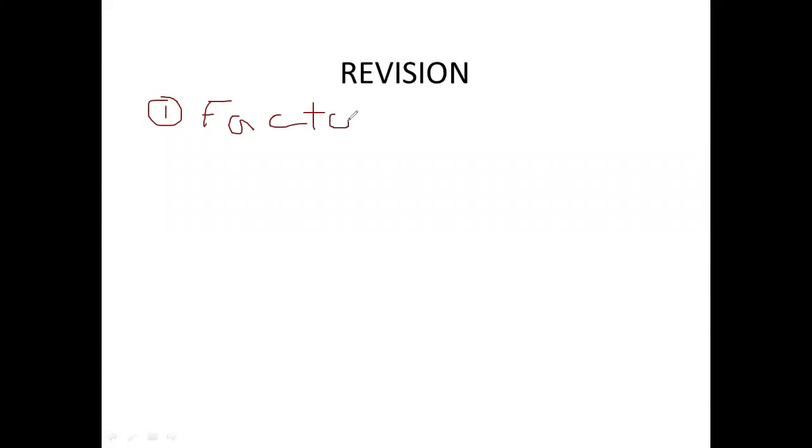Check the common. Take the common, very good. Others' turns will also come. Ridek has told it correctly. The first method to factorize is to take common, right?